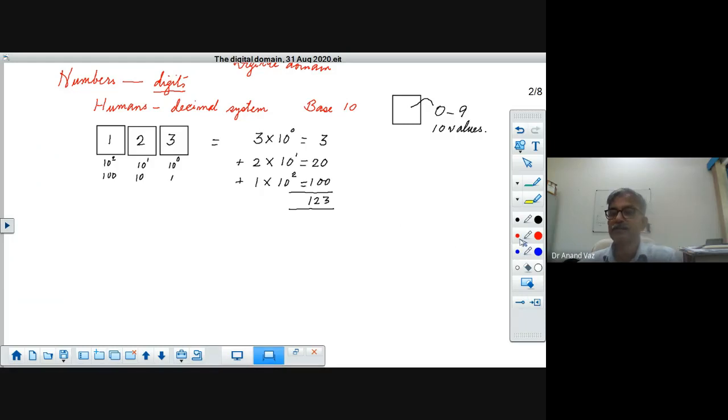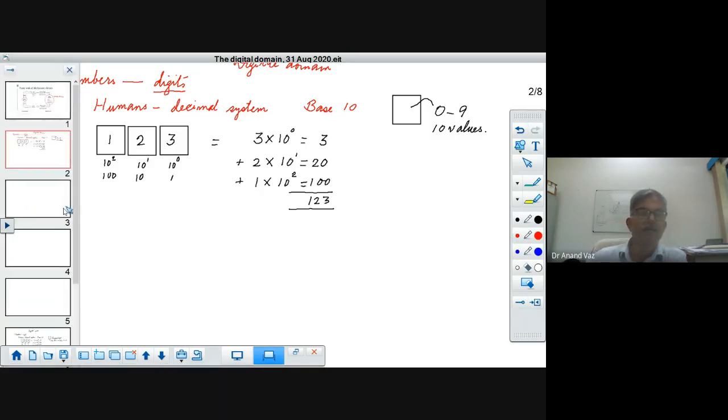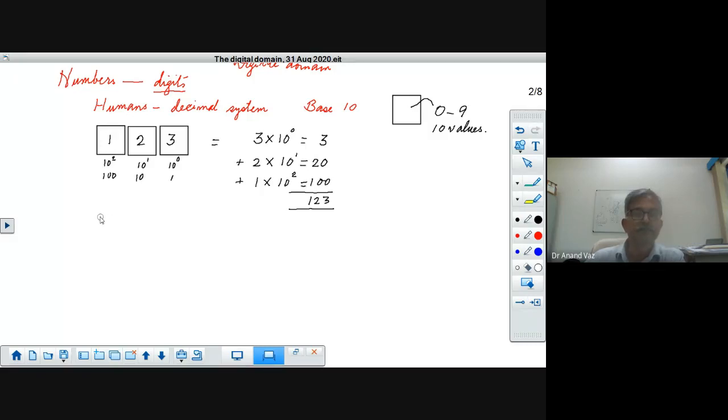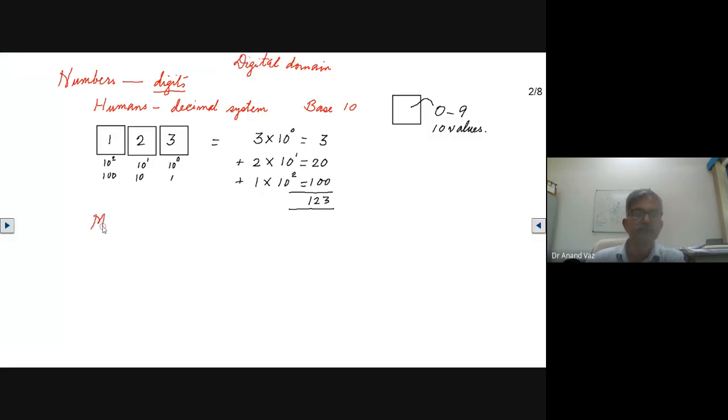Let us say for machines, we do not have the decimal system, but we have a system which is based on a different base.